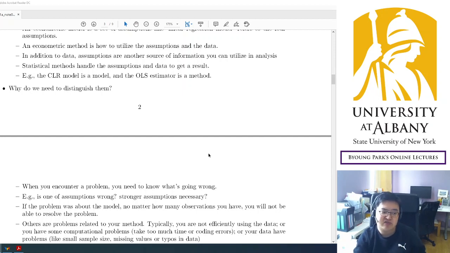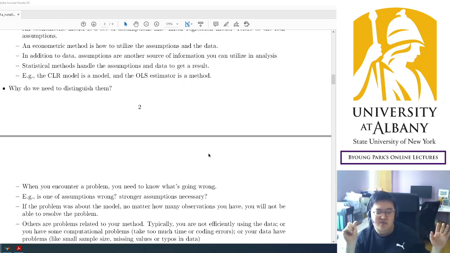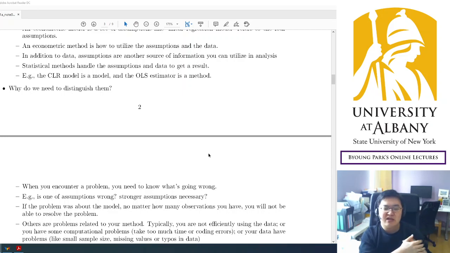The sample size may be too small, or there may be other unknown problems such as missing values you did not recognize, or typos that you did not recognize. Those kinds of problems are related to the data, so you have to fix them on the data side. Diagnosis is important because if the problem comes from the data, it is not a problem of the assumptions. Even if you change the assumptions, you still are not getting the correct answer at all.